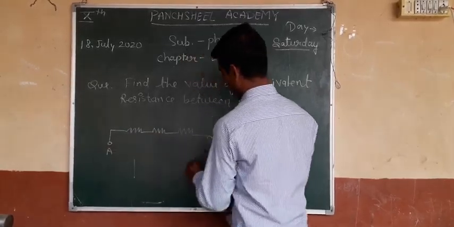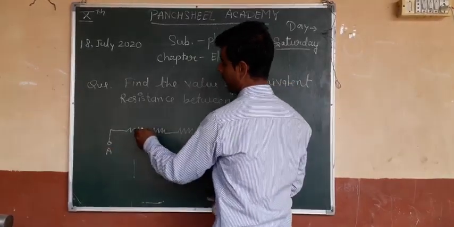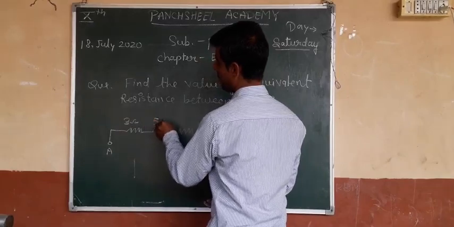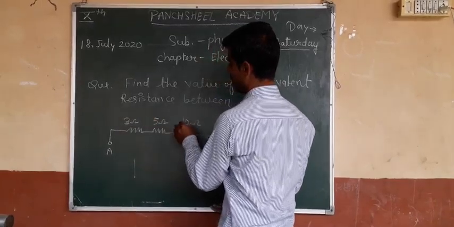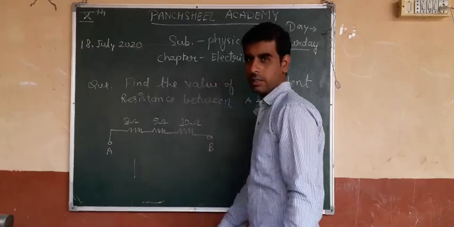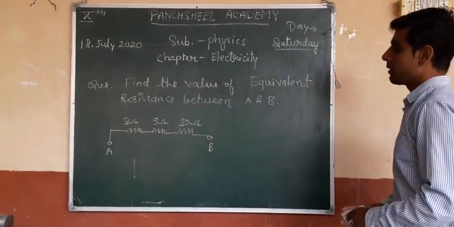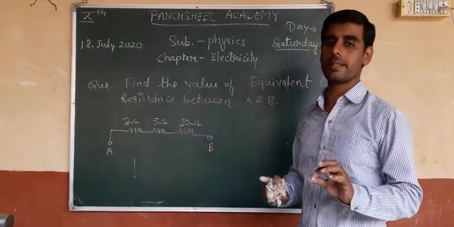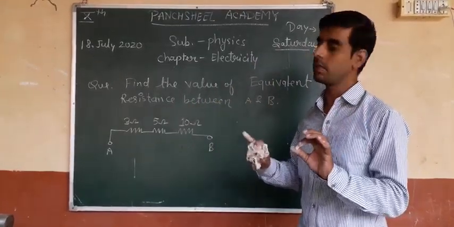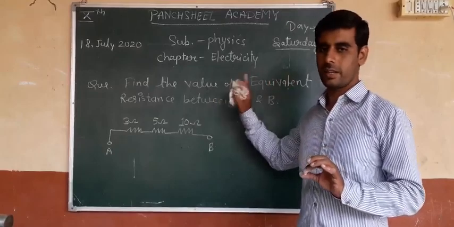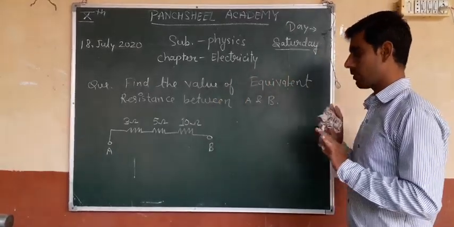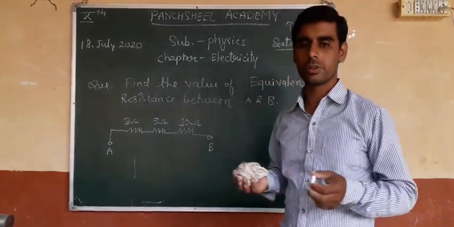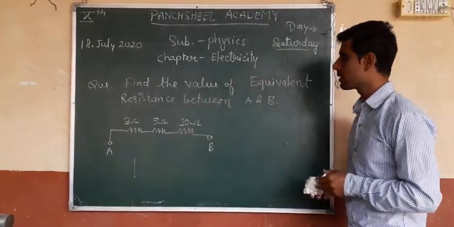This is A and this is B terminal, and the values of the resistances are 3 ohm, 5 ohm and 10 ohm. So the question is to find the value of equivalent resistance or total resistance or effective resistance. All these three terms are the same, whatever is given in your question, so you need not be confused.